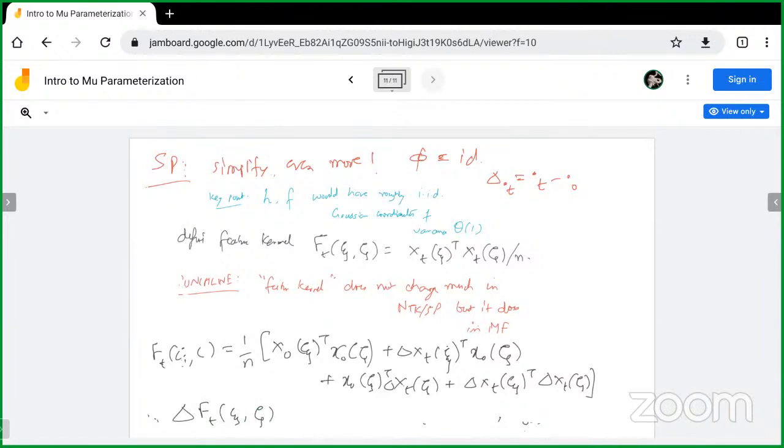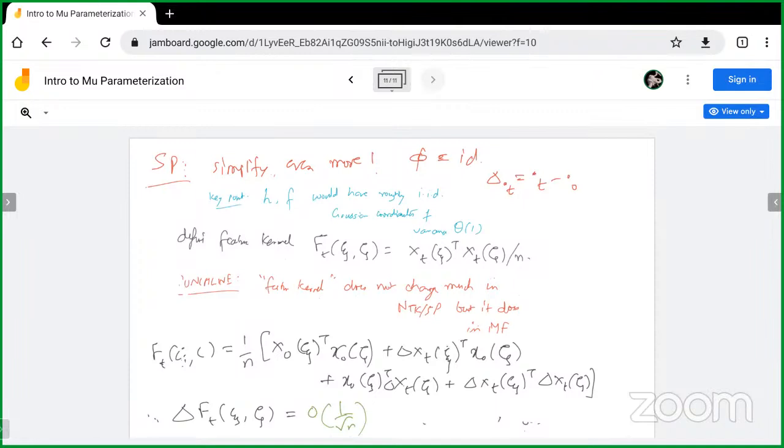is like this. F0 is order 1. So yeah, that's not a nice thing, because you want the neural network to learn something, right? And if this kernel is not changing much, then that's an indication that you're not doing much.